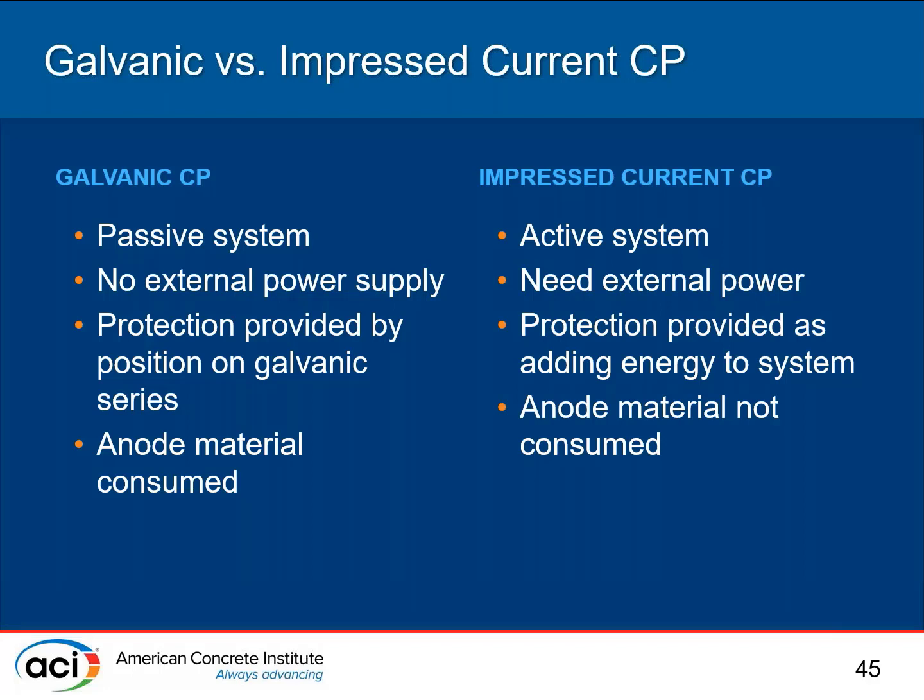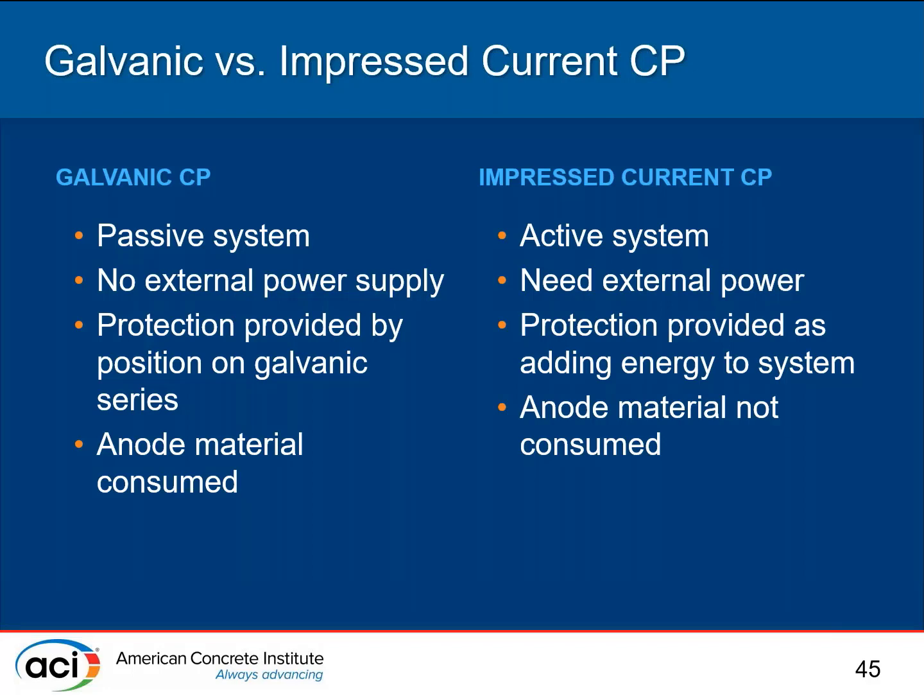But because the galvanic cathodic protection doesn't come from a power supply, what's happening is the protection is provided by different positions on the galvanic series. You've seen that all in school. You've got different metals in a list. When you connect them together, one of them rusts and one of them doesn't. We're taking advantage of that property, that galvanic series, and using that to make sure we protect the parts we want to protect.